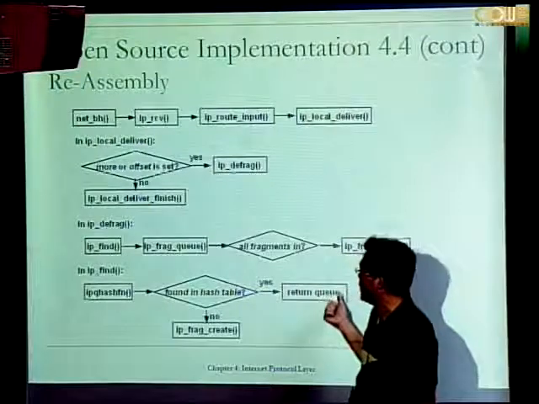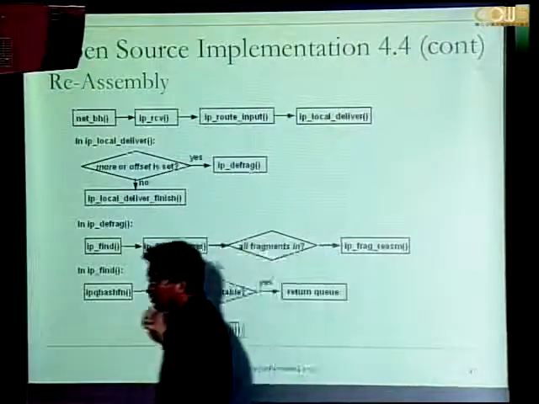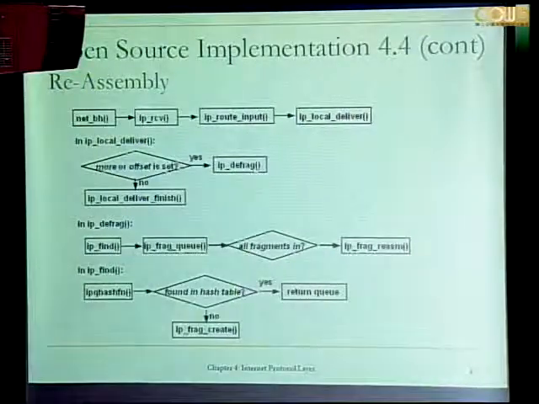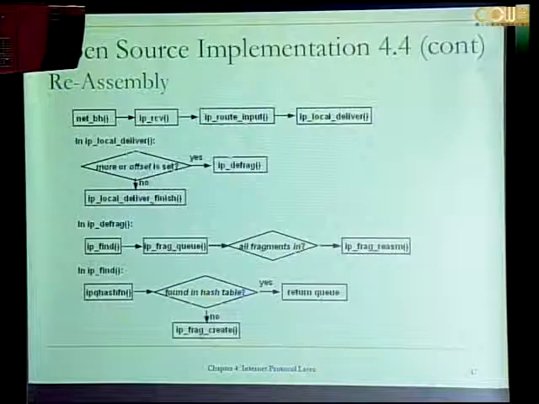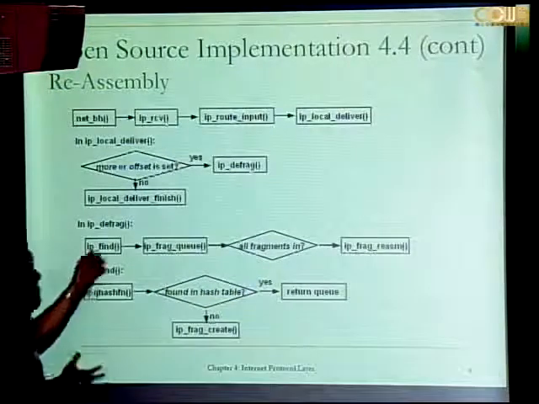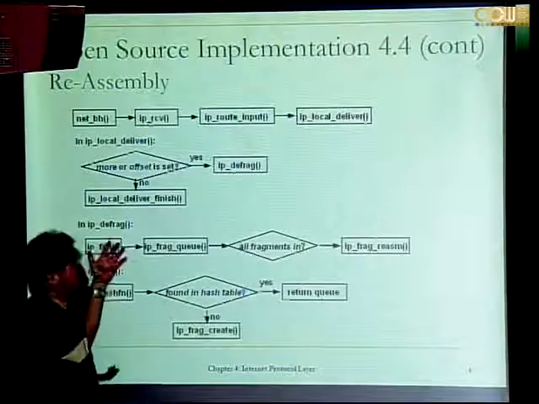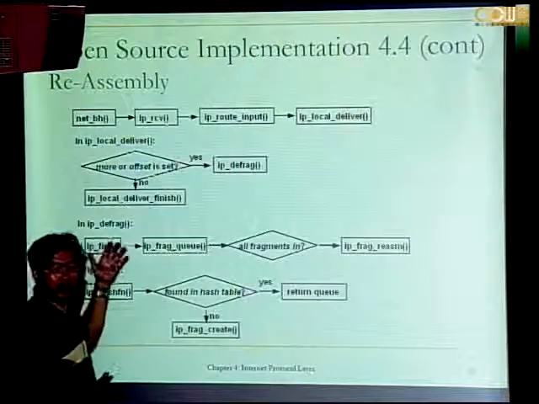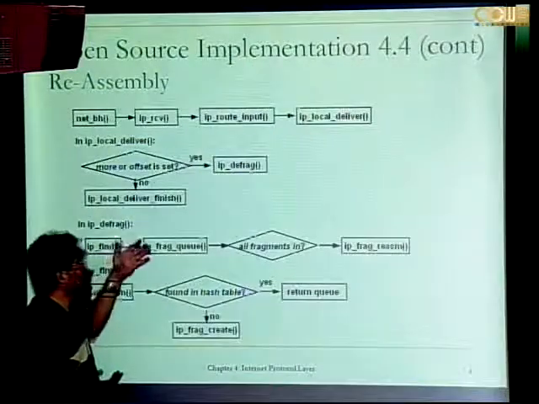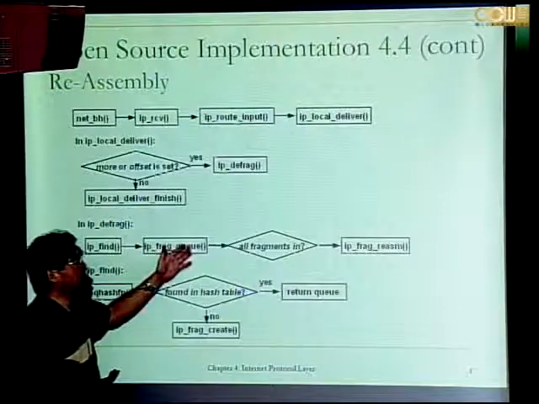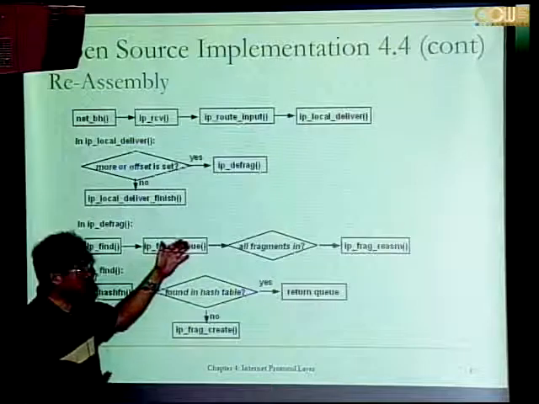Here I only want to identify whether this is the first fragment of a packet or not. Either way, I already have the entry in the hash table. So I will queue the fragment.